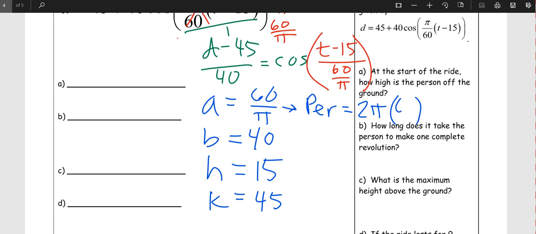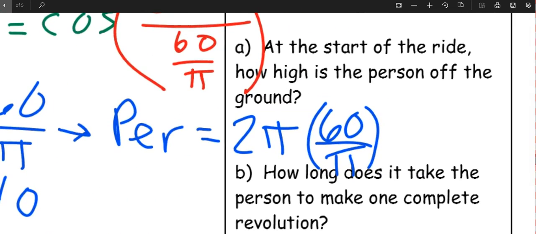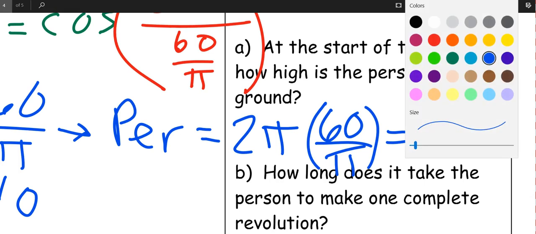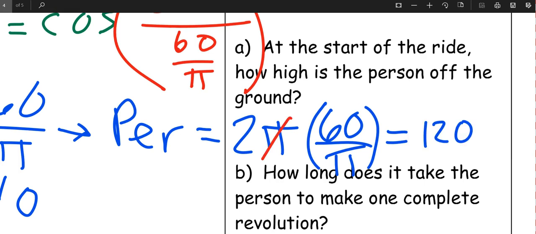So, what is 2 pi times 60 over pi? It is 120. The pi's do cancel out. One's in the numerator, one's in the denominator. So you are correct.